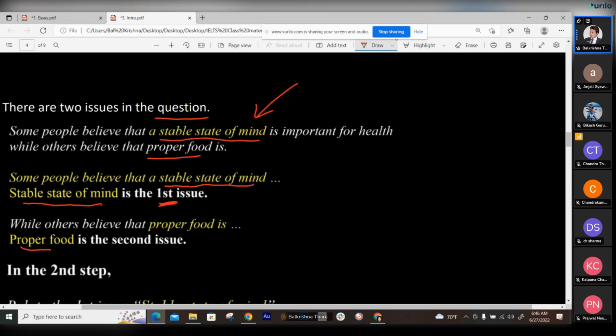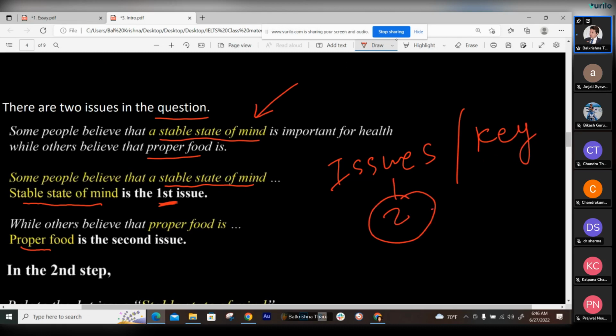So we need to differentiate between our issues and our keyword. We need at least two issues. We have two issues here.